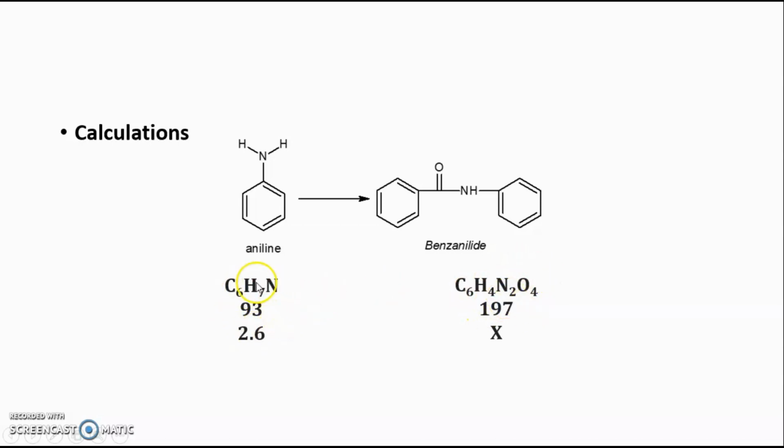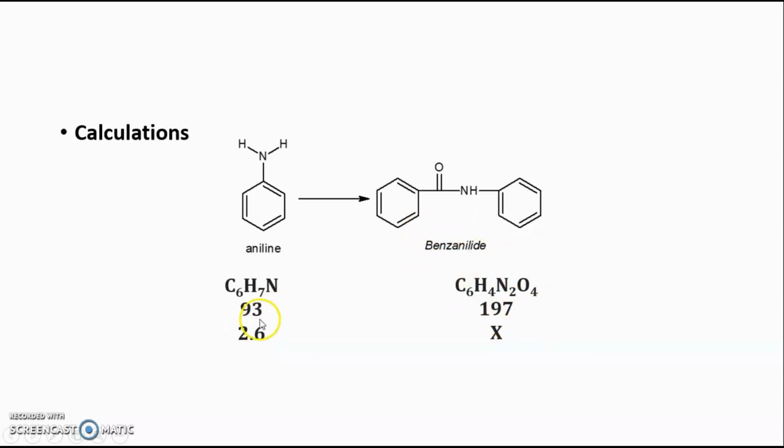So, when the molecular formula is converted into the molecular weight, it becomes 93 and 197. Here in this case we have used 2.6 gram of aniline. What is the meaning of this? If we use 93 gram of aniline, it is converted into 197 gram of benzanilide.